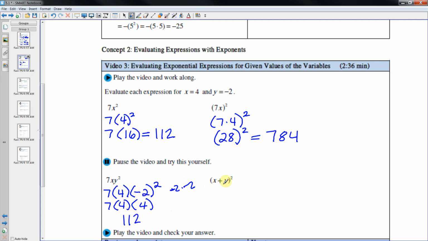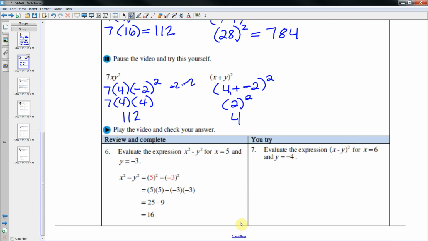If I have x plus y squared, then I'm going to have 4 plus a negative 2 squared. So here I need to do parentheses before I do exponent. So 4 plus negative 2 gives me 2 squared. 2 squared is 2 times 2, which is 4.